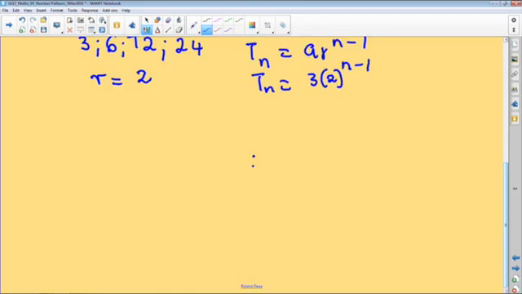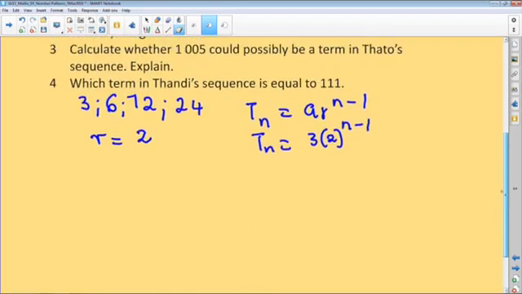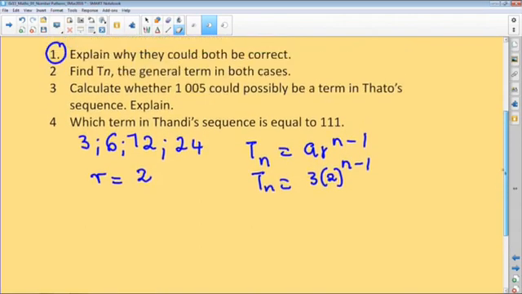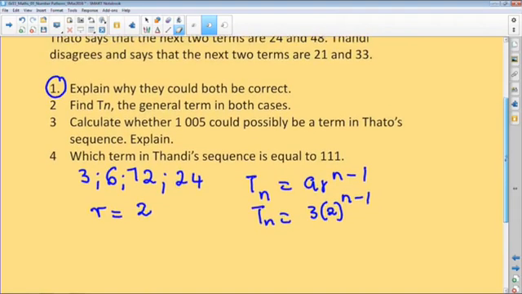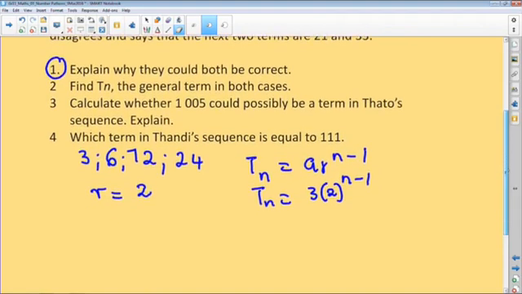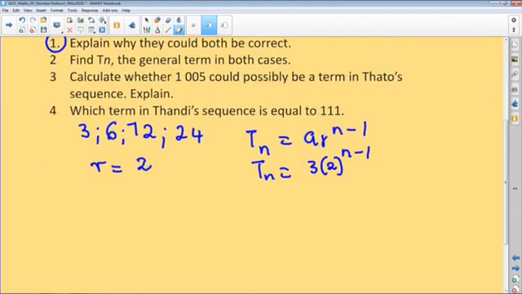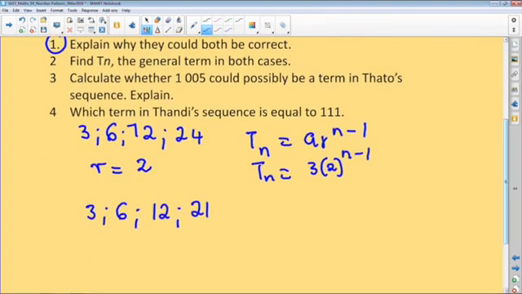Now, we look at Tato's one, which we ended up saying is going to be a quadratic pattern. So that's 3, 6, 12, 21, and then 33.